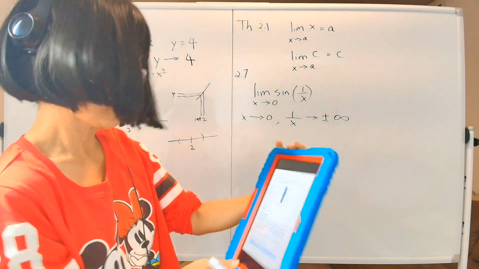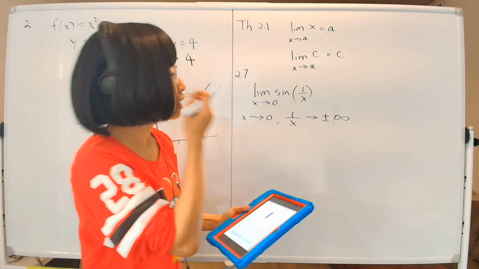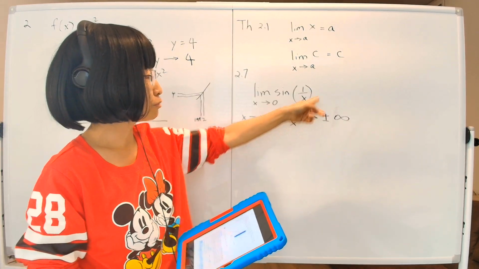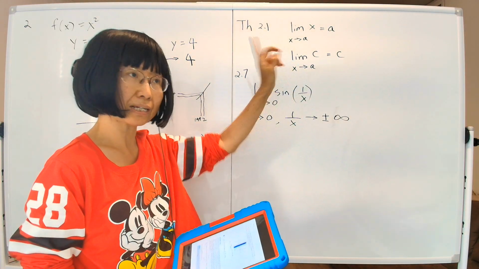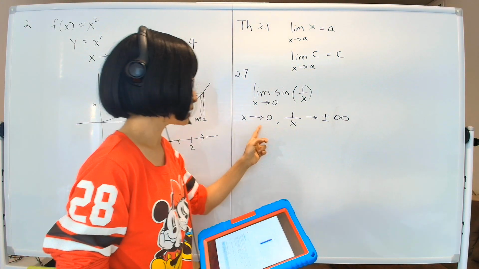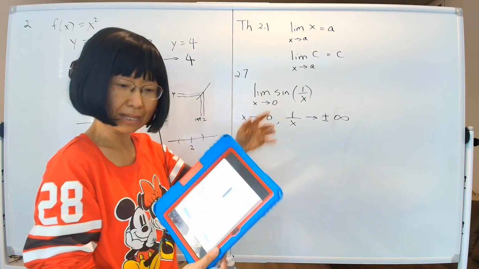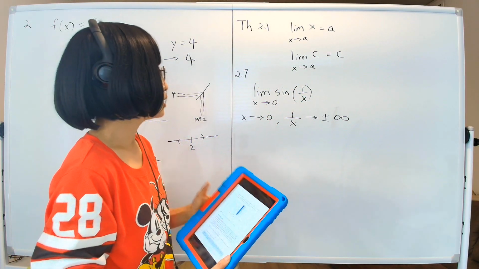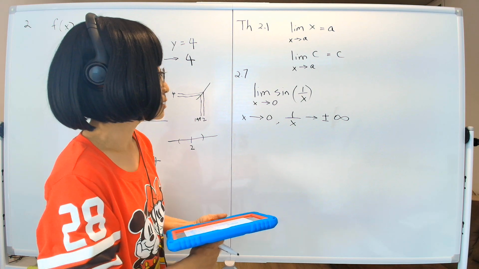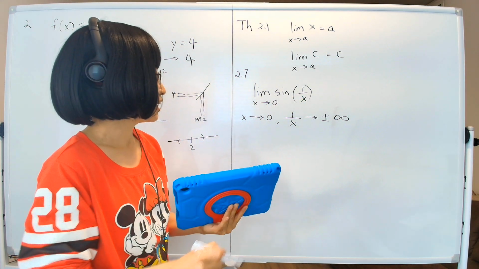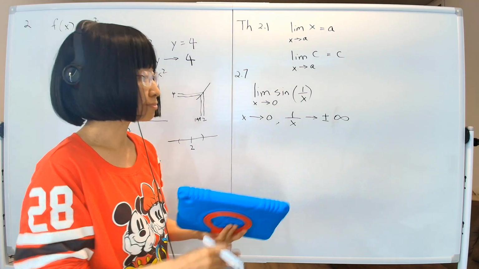Anyway, as a result, the y value is constantly bouncing and will continue to bounce as it gets closer to 0 and doesn't ever stop bouncing. It just goes up and down, up and down. So therefore, in this case, the limit of this thing doesn't exist. That's an interesting case.